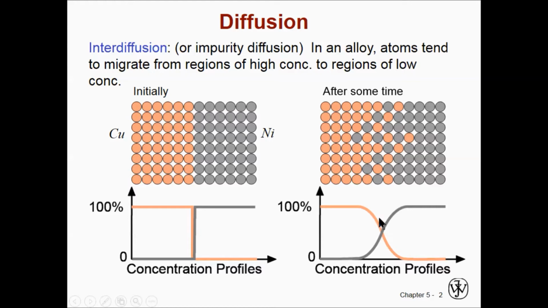So if you look here, when copper decreases, amount of nickel increases because they diffuse into each other. So diffusion of one metal into another we call interdiffusion or impurity diffusion. The atoms move from high concentration to low concentration. Because here I have more copper, here no copper, that's why copper moves from high to low. The same applies to nickel.